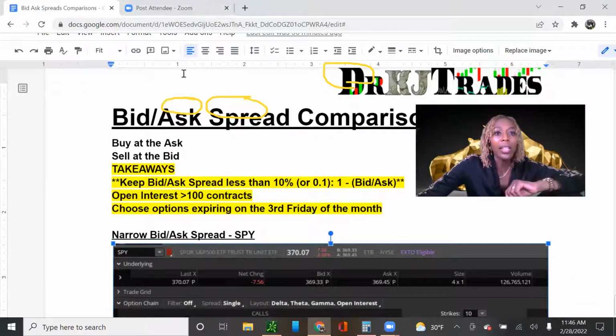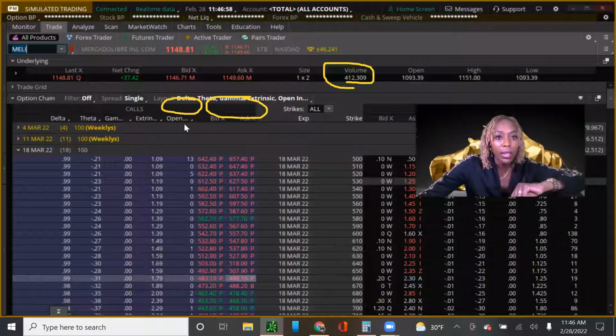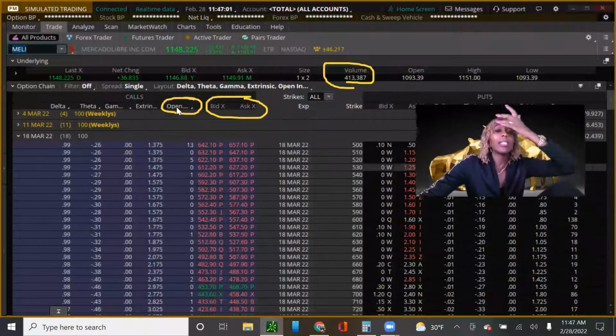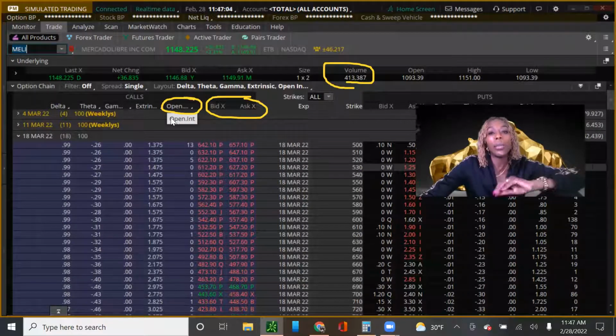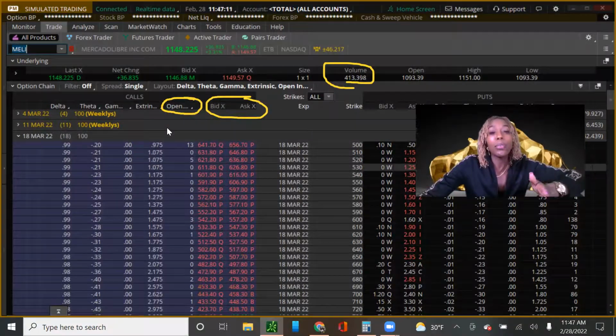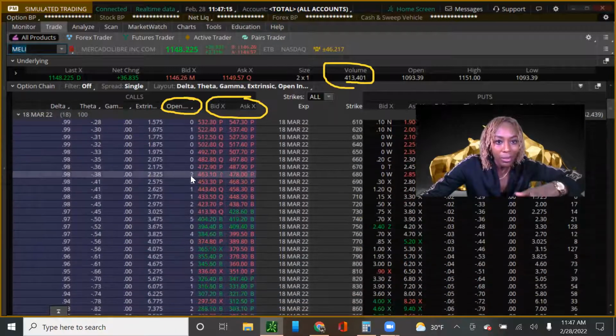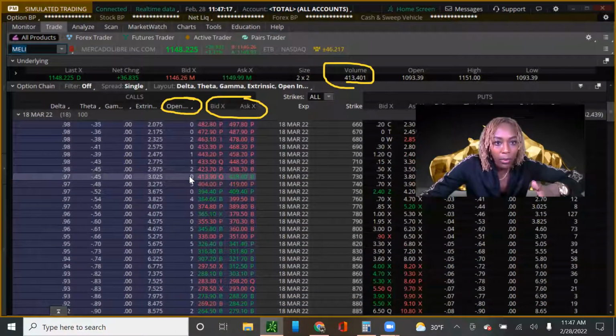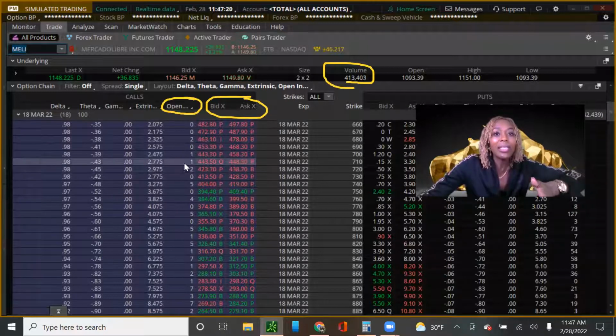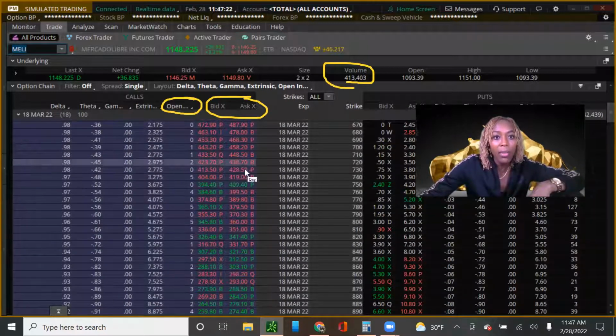That's the first takeaway. The second takeaway is, if you look at your open interest, basically, the definition of open interest is how many active option contracts are currently being traded. You want this number to be greater than 100, okay? So if we look at Melly right now, you got like 2, 0, 5. That means that these particular strikes are not really being traded that much.